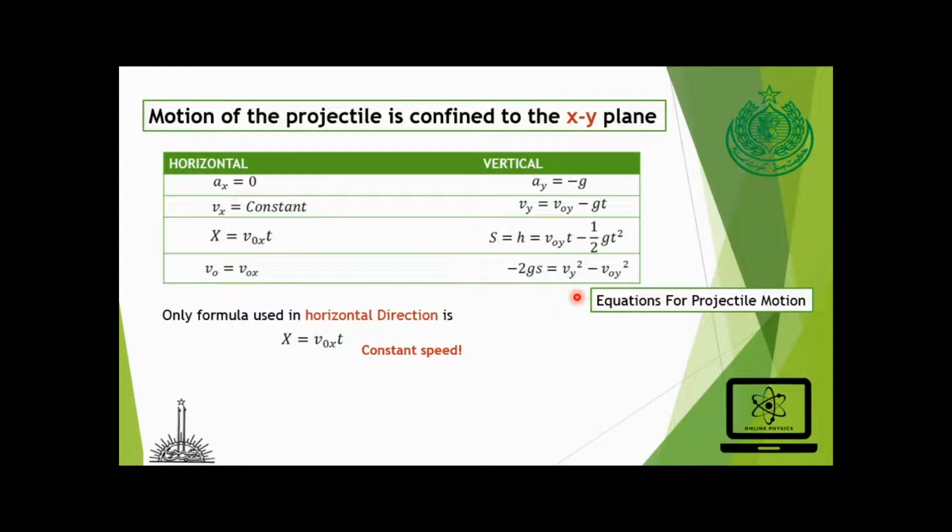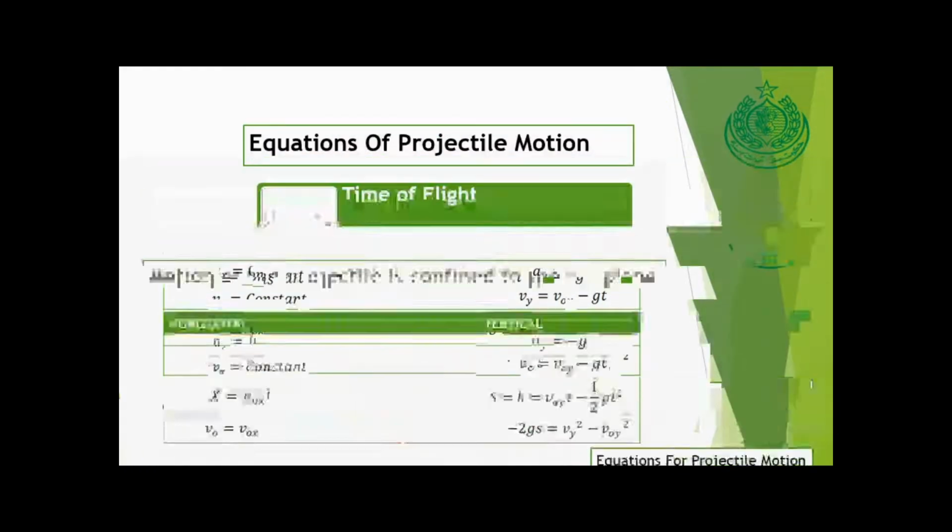So keep in mind, in projectile motion the object moves with constant velocity only in the horizontal direction, so in the horizontal direction we use only one formula, and our calculation is a little bit more complicated for the y-axis.